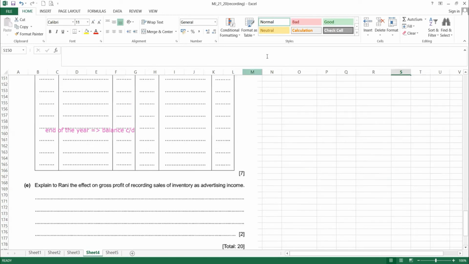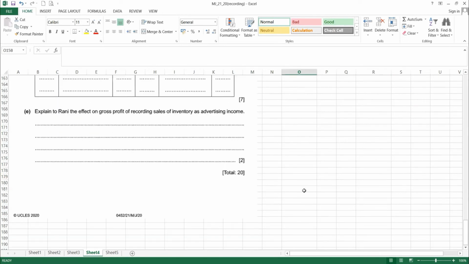Now let's move on, see what else the question asks. Explain to Rani the effect on gross profit of recording sales of inventory as advertising income.